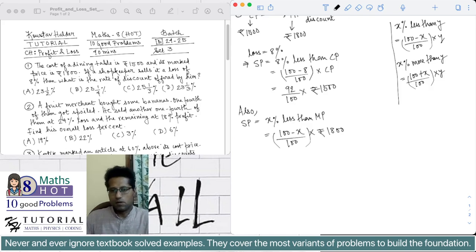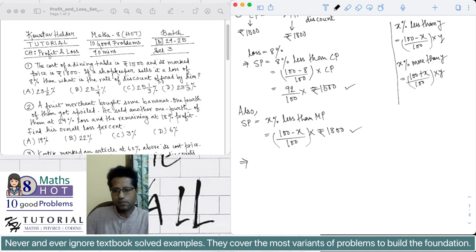Now we can say that the value of SP that we got directly based on the cost price and the loss of 8% is this. Also the value of SP we got from the rate of discount and mark price is this. These two have to be equal.